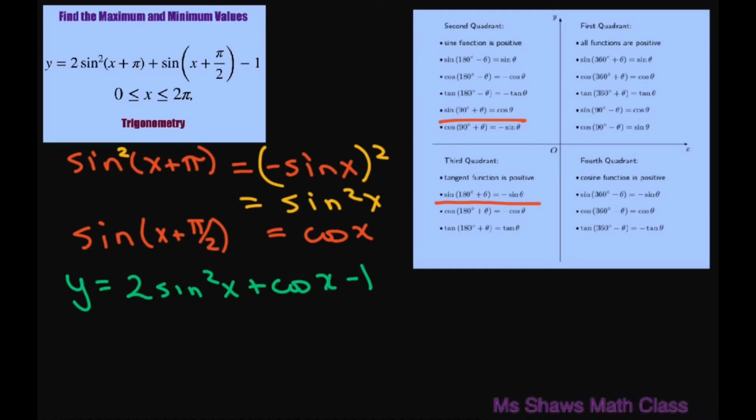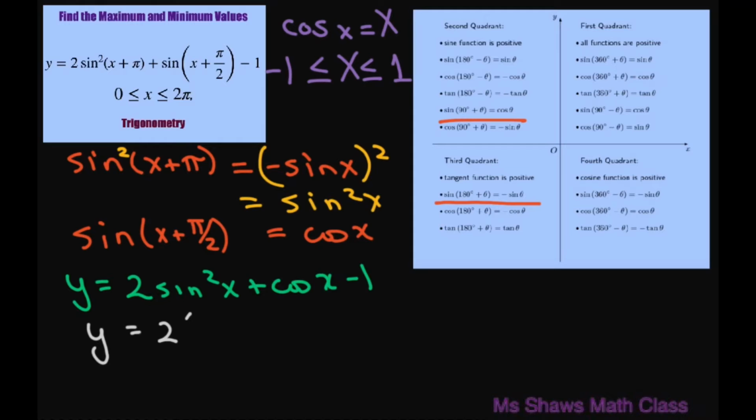Now what we're going to do is let cosine of x equal big X. And therefore my big X has to be in between negative 1 and 1 for your range. Now, when that's the case, let's substitute in for the x.